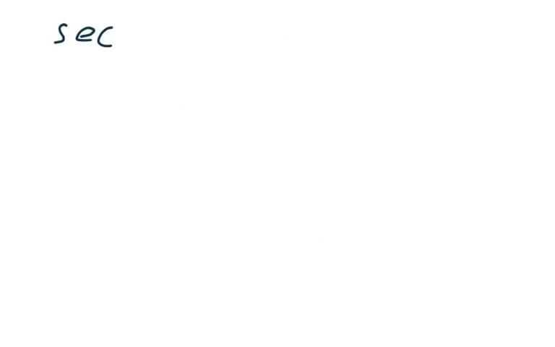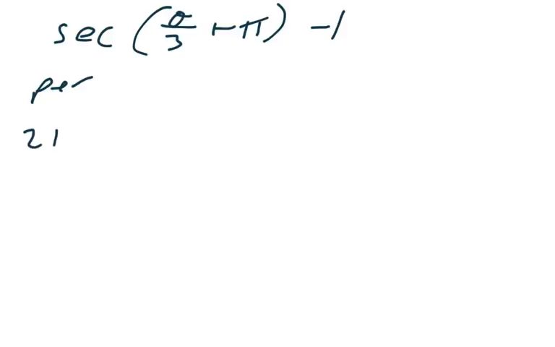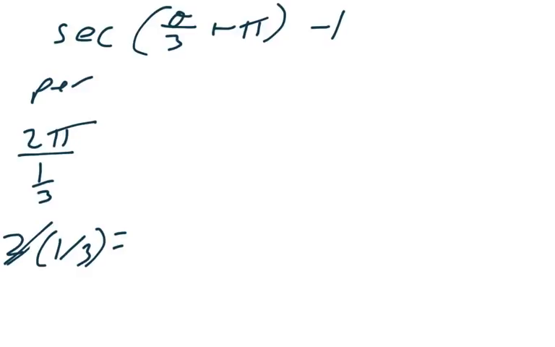Last one, the secant of theta over 3 plus pi minus 1. So the period is 2 pi divided by 1/3. So 2 divided by parentheses 1 divided by 3 equals 6. So we got 6 pi.